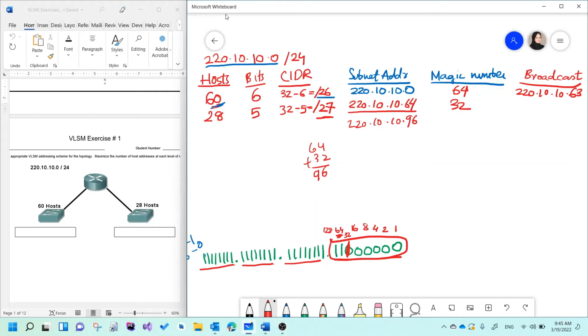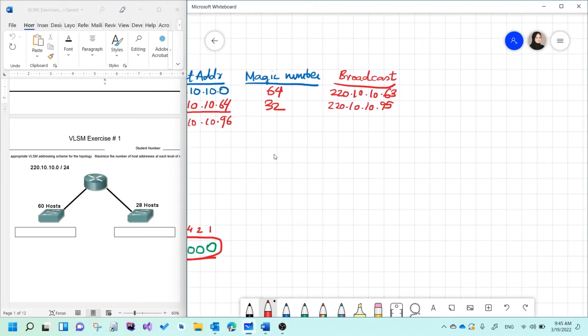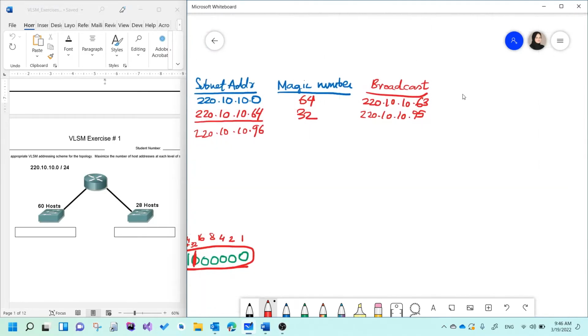And then the broadcast would be nothing but 1 minus this number. So it would be 220.10.10.95. The first IP, I would just write FIP, for the first subnetwork would be nothing but 1 plus the subnet address: 220.10.10.65.